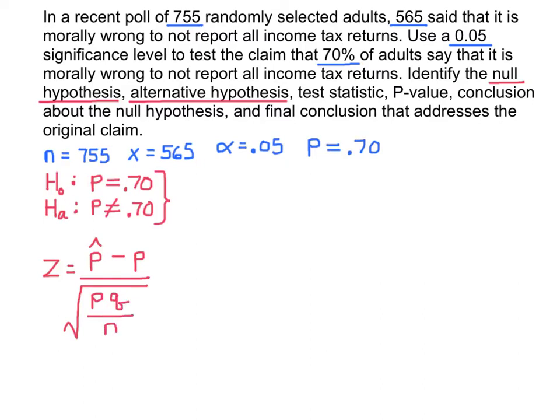So let's go find these input values. So let's find p hat. P hat is equal to x over n: the number of people who said that it was morally wrong over the total number of adults. So x is 565 and n is 755.